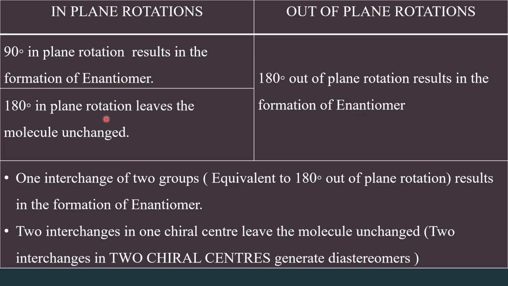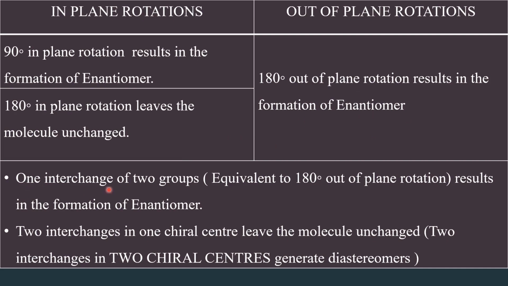So 180-degree in-plane rotation retains the configuration at the chiral center. 180-degree out-of-plane rotation results in inversion of configuration at the chiral center. Therefore, 180-degree out-of-plane rotation is equivalent to a two-group interchange. It is equivalent to one interchange of two groups.